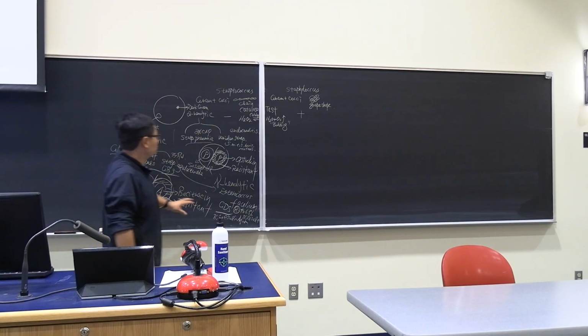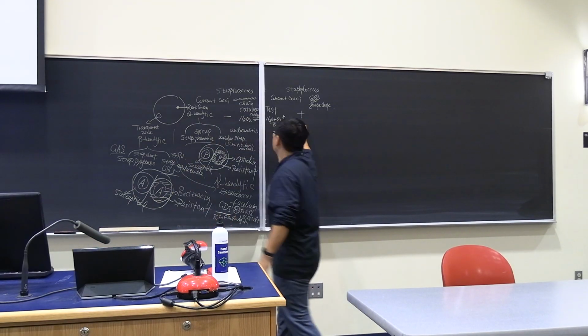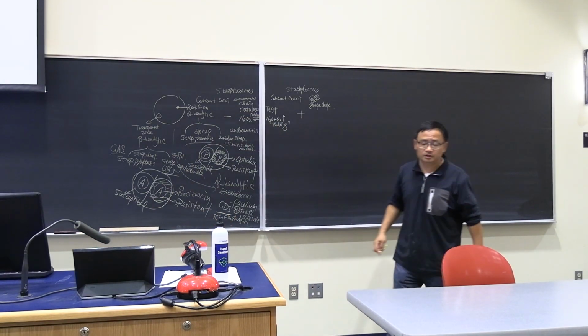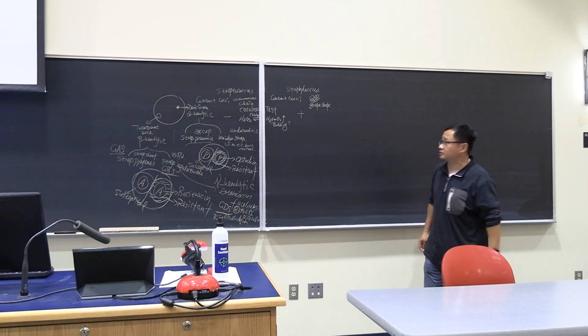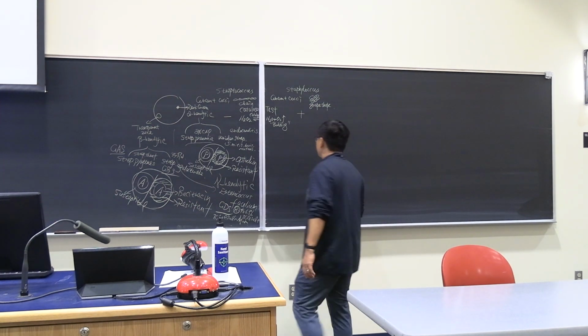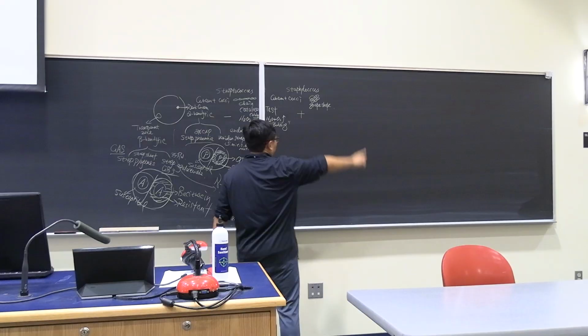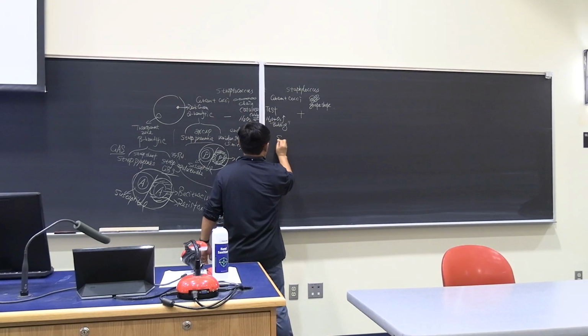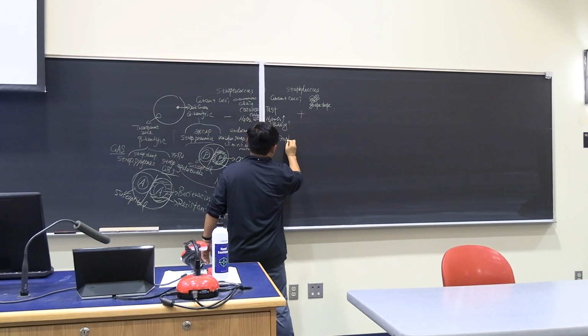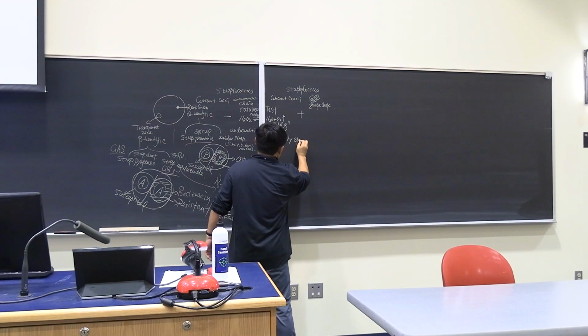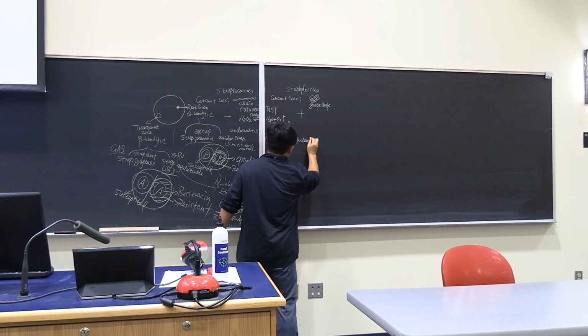So that is what we talk about the streptococcus. Then, at the end of the class, we talk about the staphylococcus. What did we have? We are going to do it a different way, okay? We had Staphylococcus epidermidis.